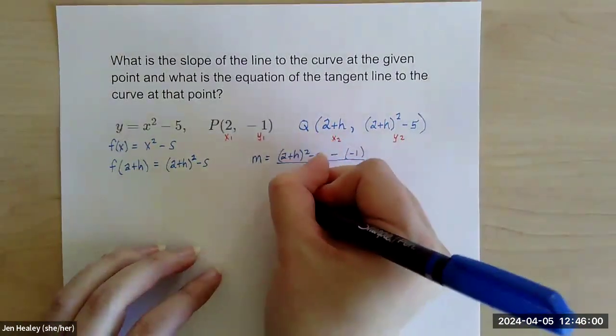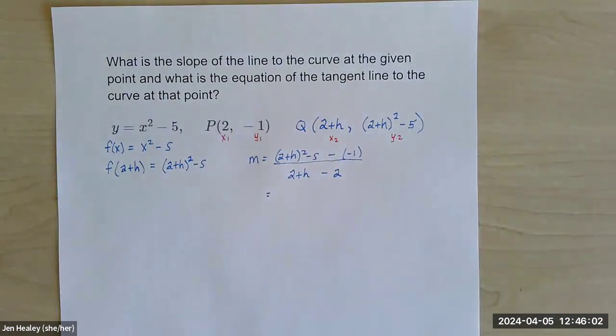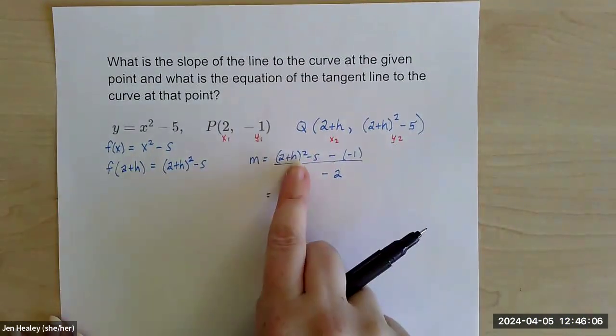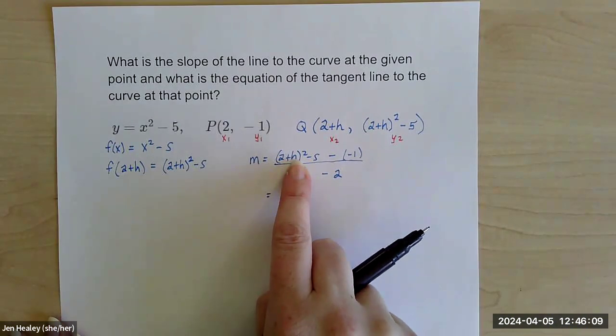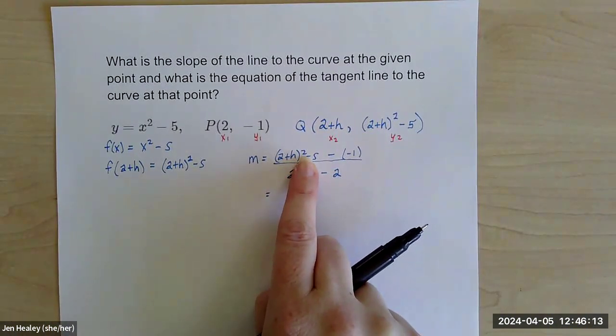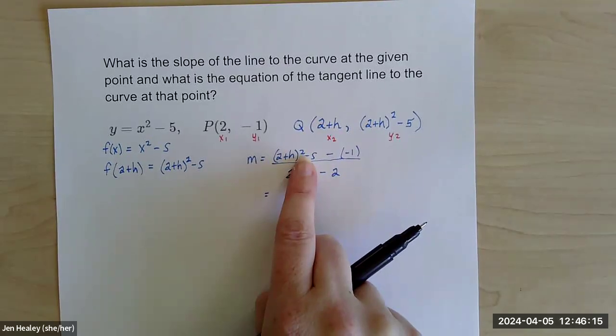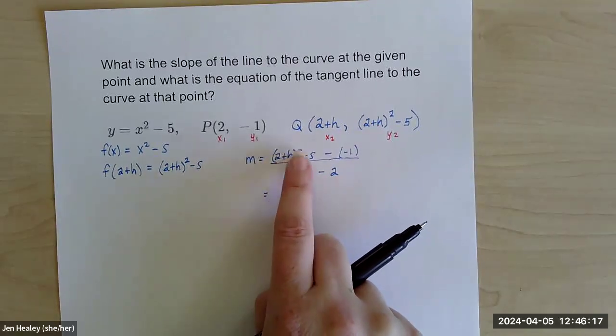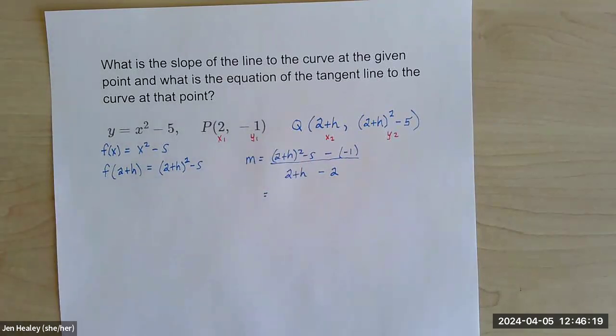Okay. We are going to simplify, and here is where you get to impress me with what you remember. 2 plus h squared is not 4 plus h squared. That's the most common mistake. Remember, 2 plus h squared means 2 plus h times another 2 plus h. So you've got to FOIL that or box method that for me.